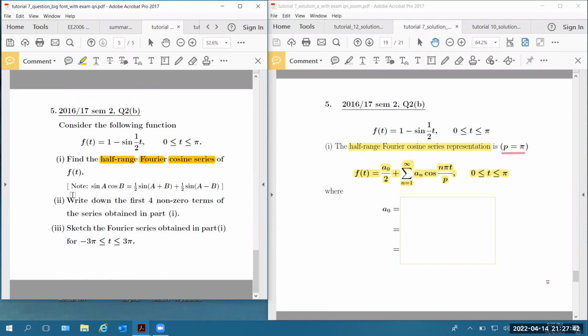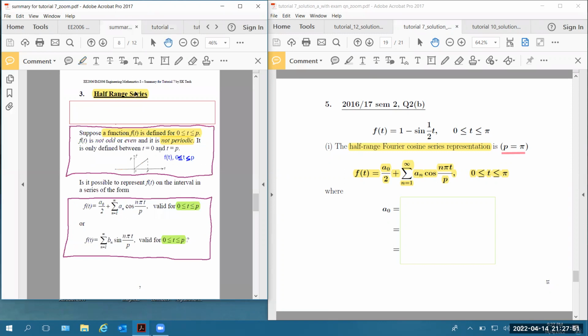Right. So let's go and recall what is this half range Fourier cosine series. So half range series is actually like that. We got a function defined from t equal to 0 to p. It's not known to be periodic. That means they don't tell you that it's periodic, and then they want you to find this half range series, right?